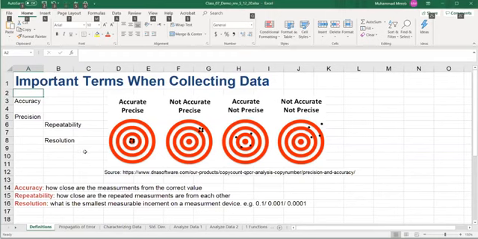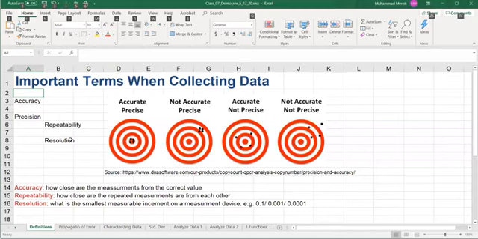And the other term is precise, which can be reflected in two different ways. We call it repeatability, which means we can repeat the same experiment, or collect the same data, multiple times. It's also related to resolution.